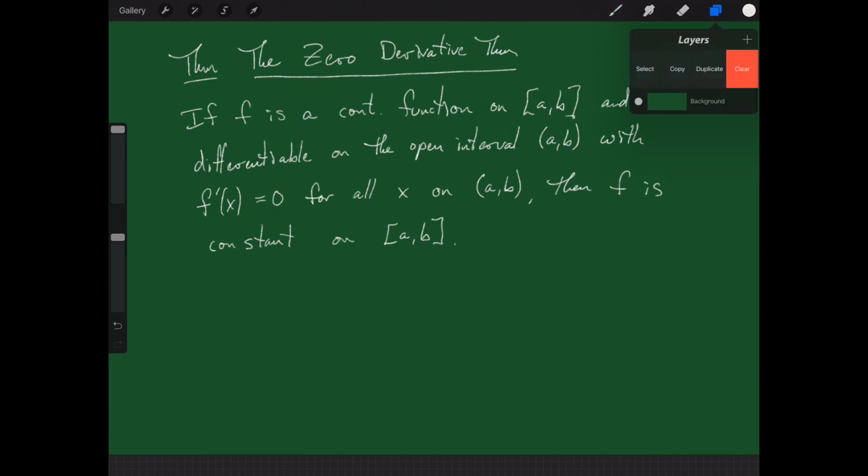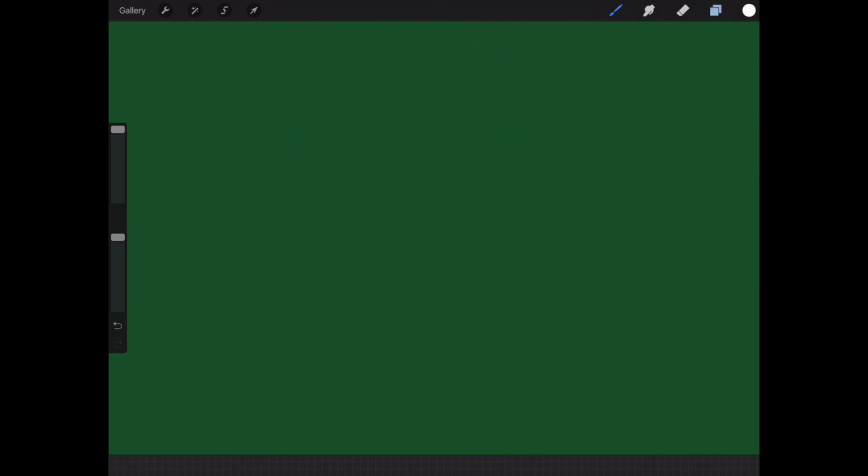Now, to prove the zero derivative theorem, I've got to first understand, what does it really mean for a function to be a constant function? And the answer is that to be a constant function, you really need to say that any 2 points in the interval have the same functional value.